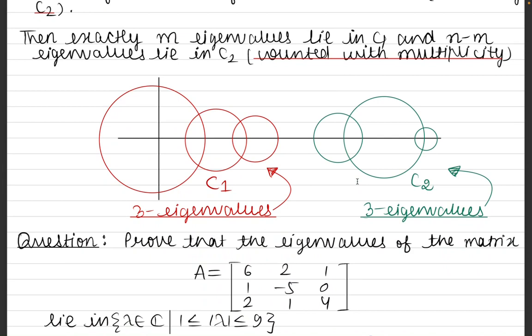Of course, the eigenvalues are counted with multiplicity. So this is C1.